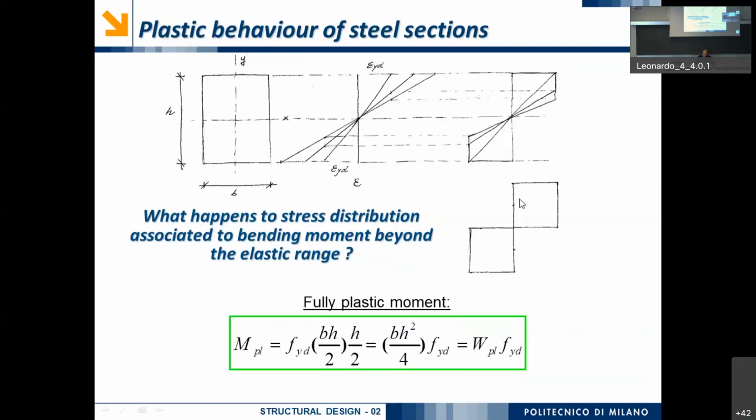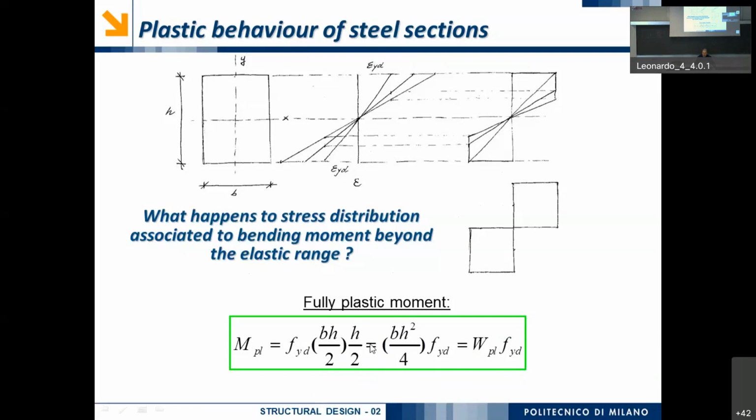Because the area of the bottom part is b h over 2, half the area of the cross-section, okay? The stress is f epsilon d, of course, we have a concentrated resultant here and a concentrated resultant in the bottom part, and the distance between the two resultants is half the height of the beam.